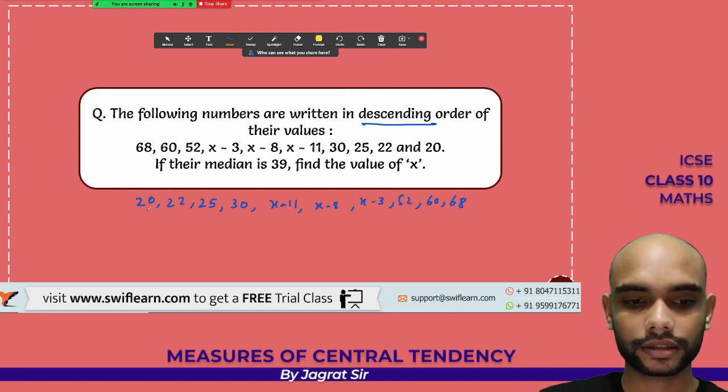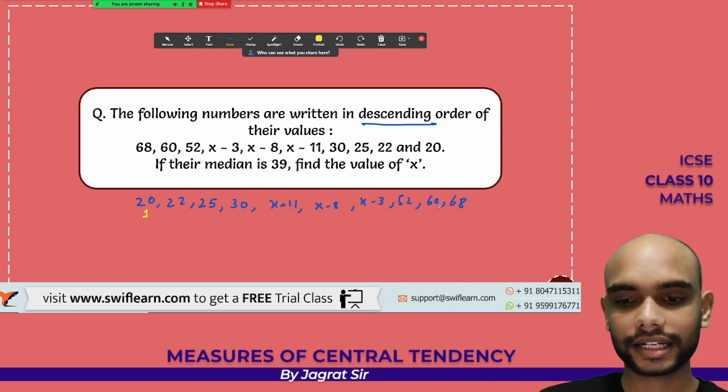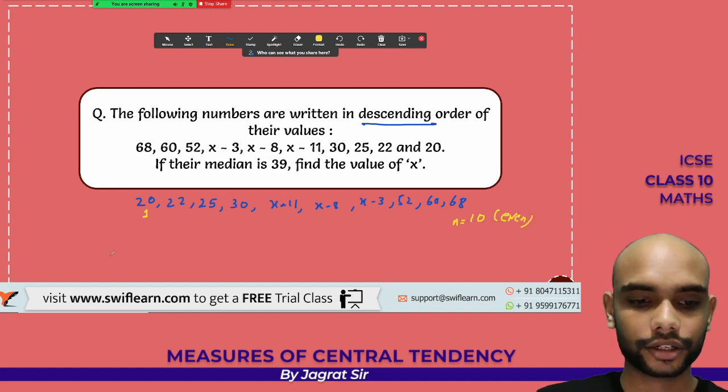So 1, 2, 3, 4, 5, 6, 7, 8, 9, 10. So they are 10 numbers. N is 10, that is even. Okay. So what to do for even numbers?